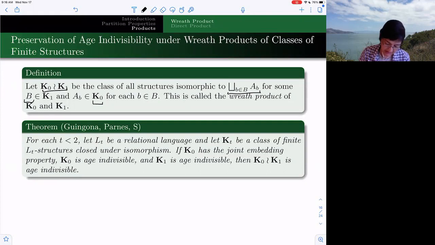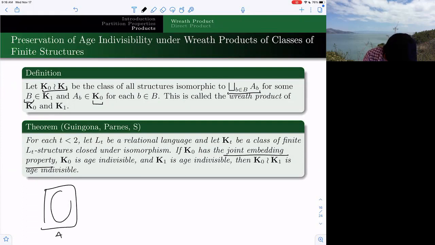So you do need joint embedding in K0, because there's some point where you want to say within the A that there's some big enough structure that contains all the possible things that could be there. And we actually have a counterexample when you don't have the joint embedding in there. But subject to some mild assumptions, the age indivisibility is preserved.